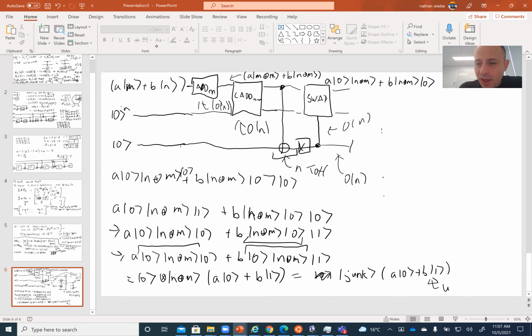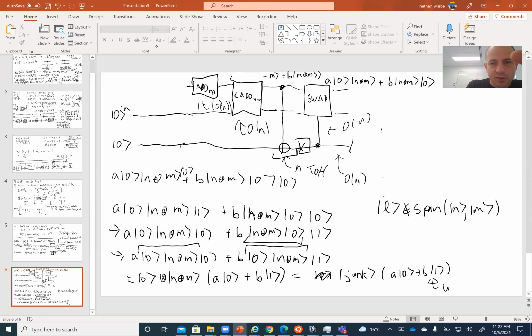So for example, if we have L not in the span of M, then we need to have our transformation act trivially on it. So let's imagine now we have the exact same circuit, and now I'm going to assume that I have a different state, L, that I put down this.